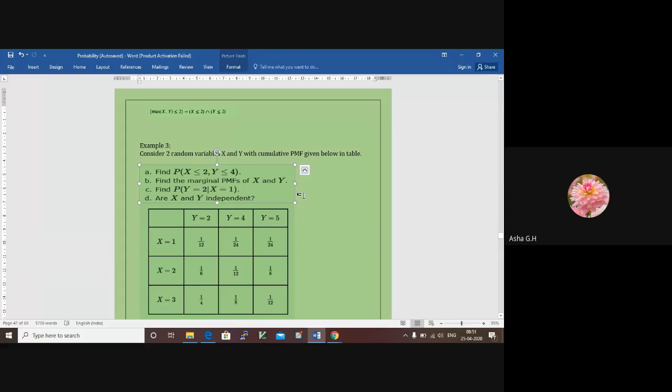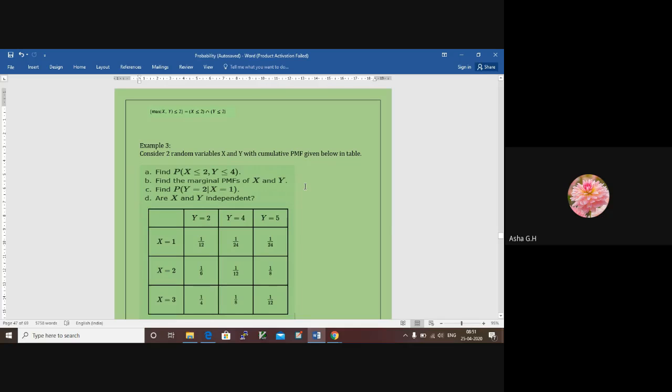If you just remember your equation for conditional probability, this is the probability for y is equal to 2 and x is equal to 1 divided by probability of x is equal to 1. That is the equation by definition. Now, it is not probability of 2 comma 1 here.